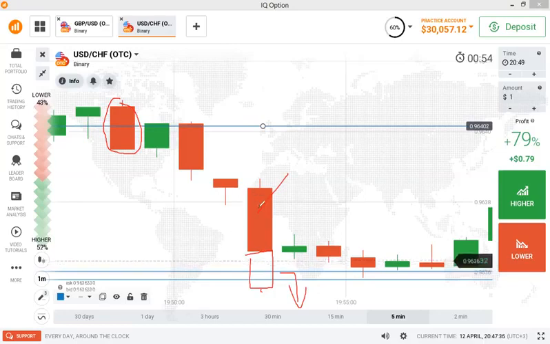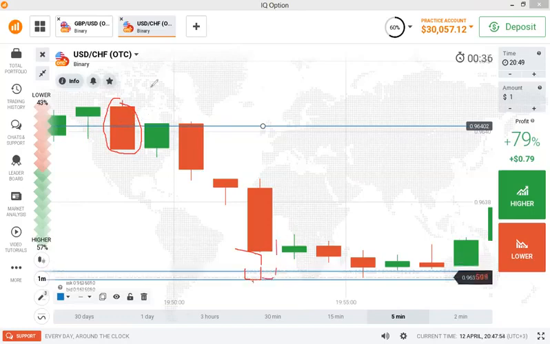But if this kind of candle closes inside the area with rejection, buyers will enter.